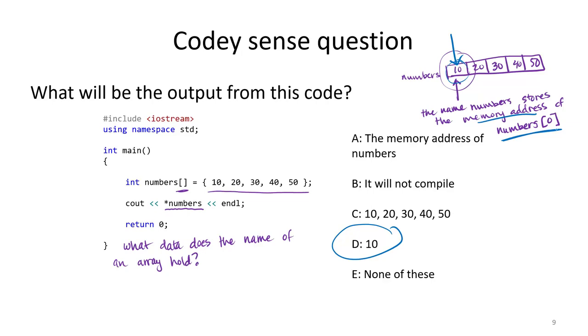And in just a moment, we're going to see that the name of an array is actually a pointer, which points to that 0th element. So we can actually use the name of an array with our pointer syntax in order to manipulate the array's contents. In case you don't believe me, let's go ahead and run this program in CLion real quick, just to sanity check ourselves.